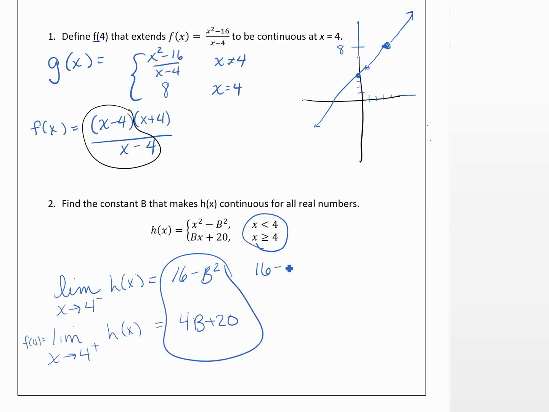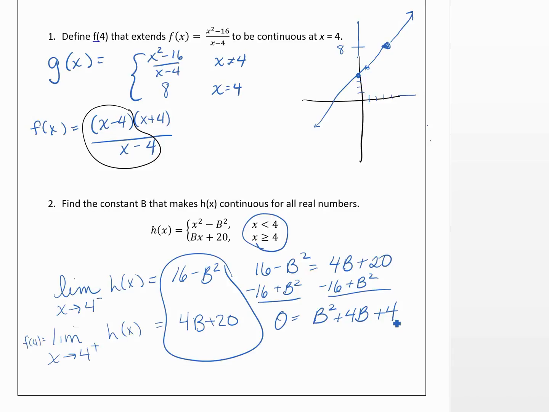So 16 minus b squared equals 4b plus 20. Okay, let's move everything over to the right side. So if we subtract 16 and add b squared to both sides, we get 0 equals b squared plus 4b plus 4.